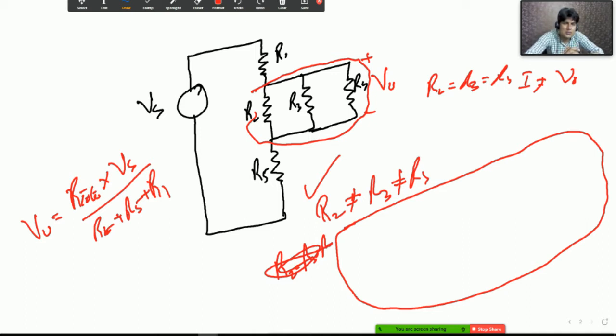Yes, this is R total. But if the resistors are the same, then you will take one resistor and divide it by three, so you will get R total.